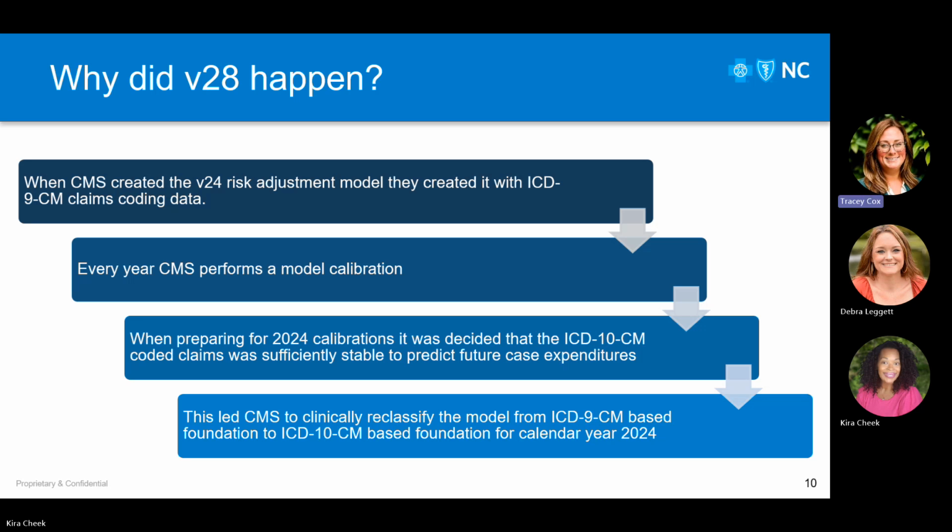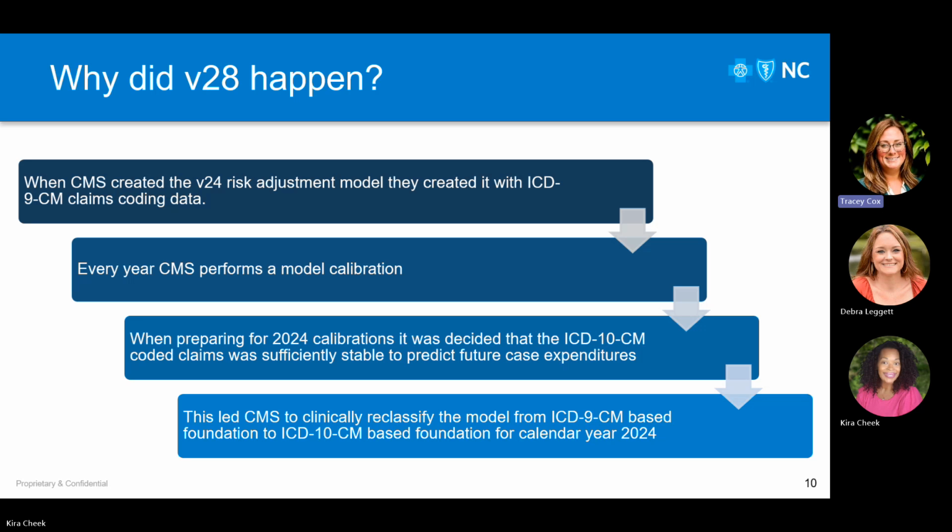The model, which was established using ICD-9-CM claims coded data, follows guiding principles to determine which diagnostic conditions are appropriate expense predictors. But when the industry transitioned to capturing and reporting ICD-10-CM codes in 2015, the model used ICD-10-CM codes in providing payments, even though the underlying foundation was still built upon ICD-9-CM codes.